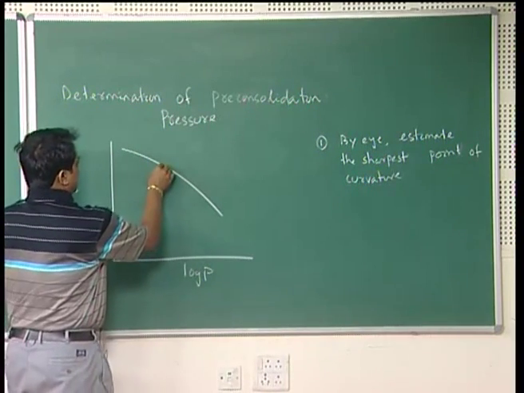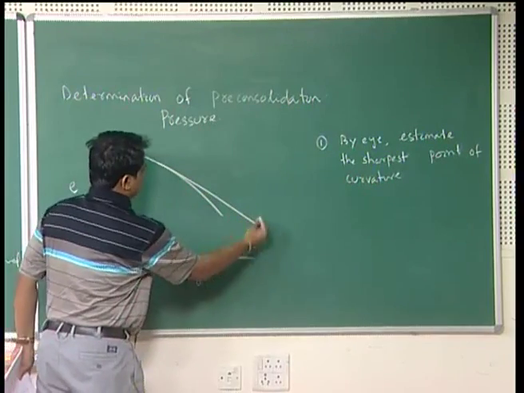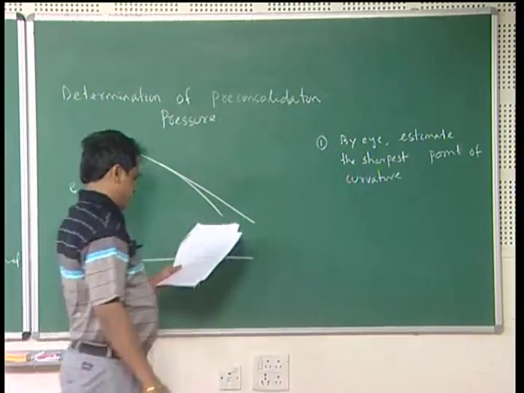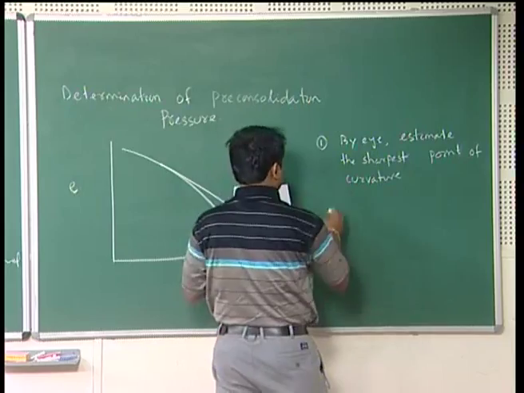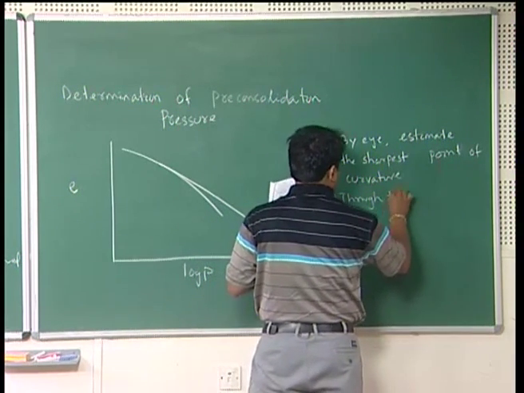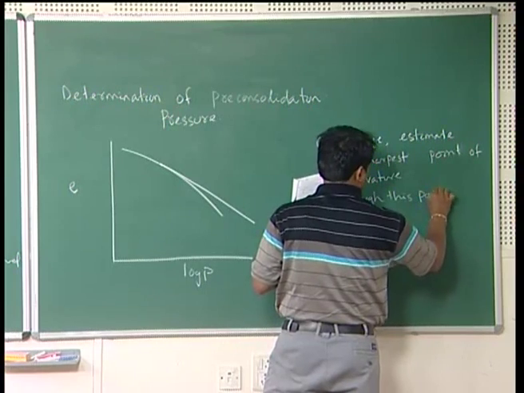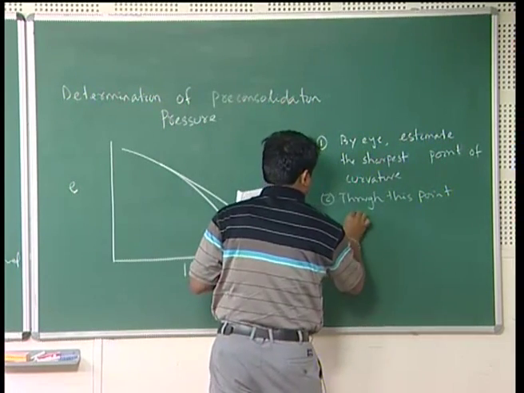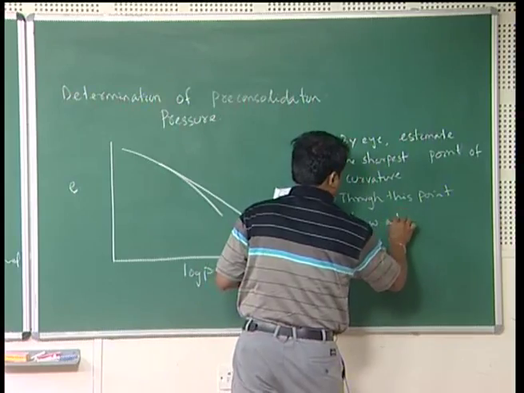From there, draw a tangent. Second step: through this point, draw a tangent.